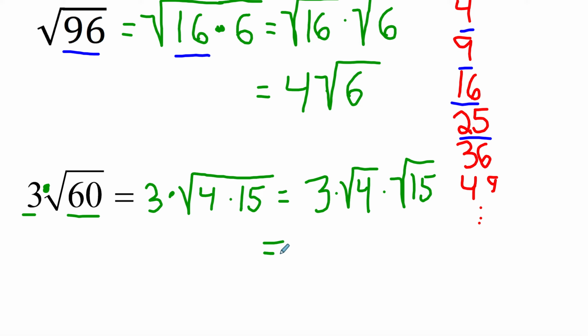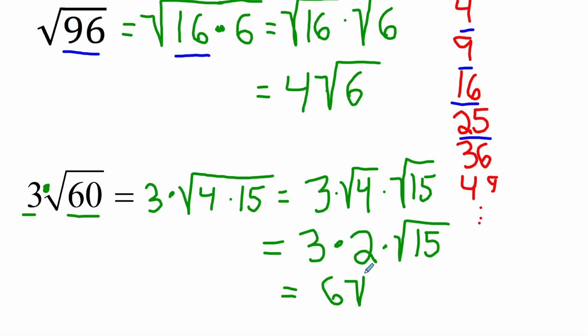Okay, and then we just need to simplify. That root 4 is, of course, 2, and root 15, now let's see, can we simplify 15? Well, 15 is 3 times 5, and we don't have a perfect square in 3 or 5, so that actually just stays the same. That stays root 15, and this becomes 6 root 15.